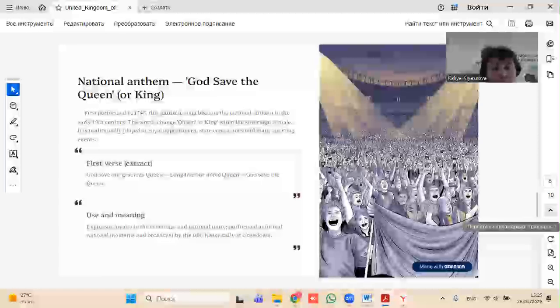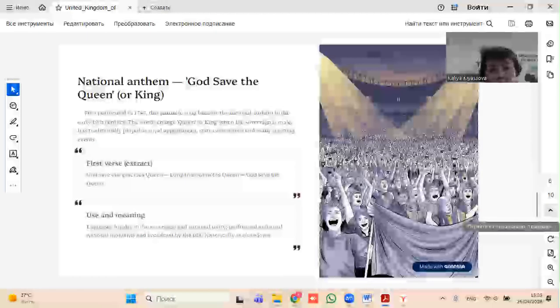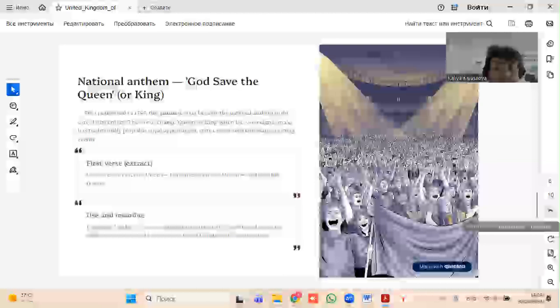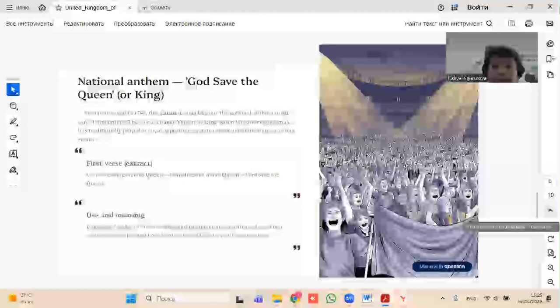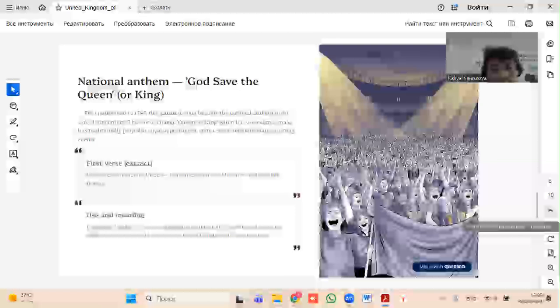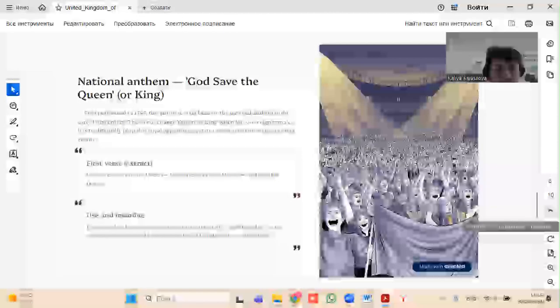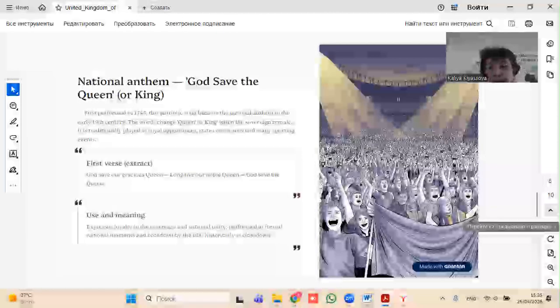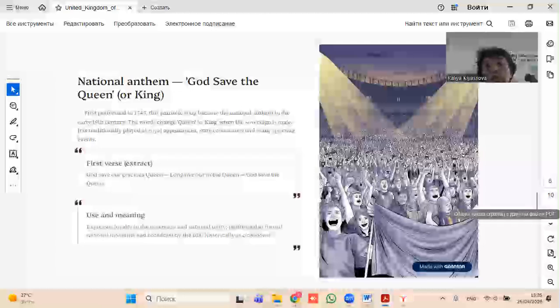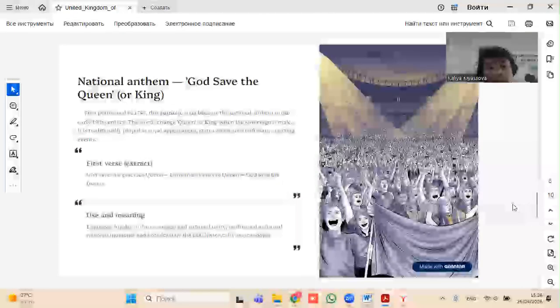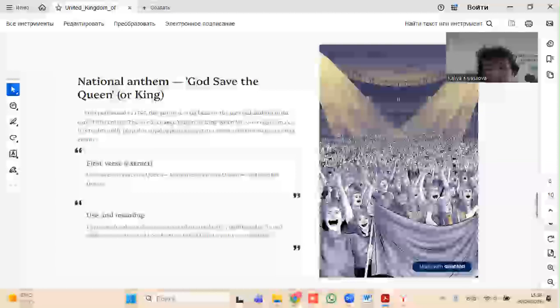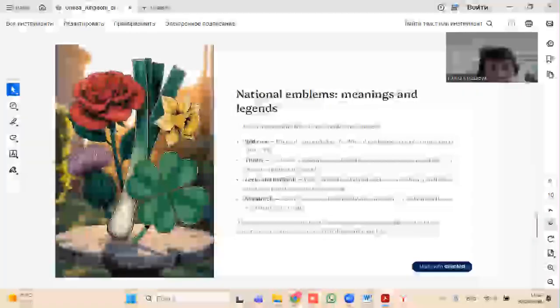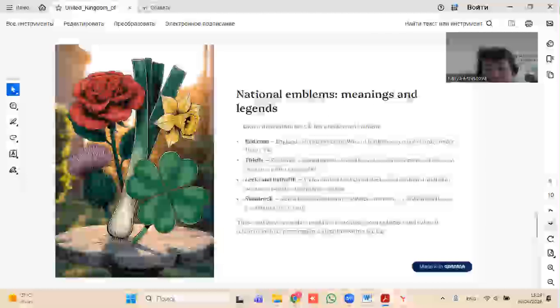The words change from queen to king when the sovereign is male. It is traditionally played at royal appearances, state ceremonies, and many sporting events. Now, as you see here, the text of the anthem is given.